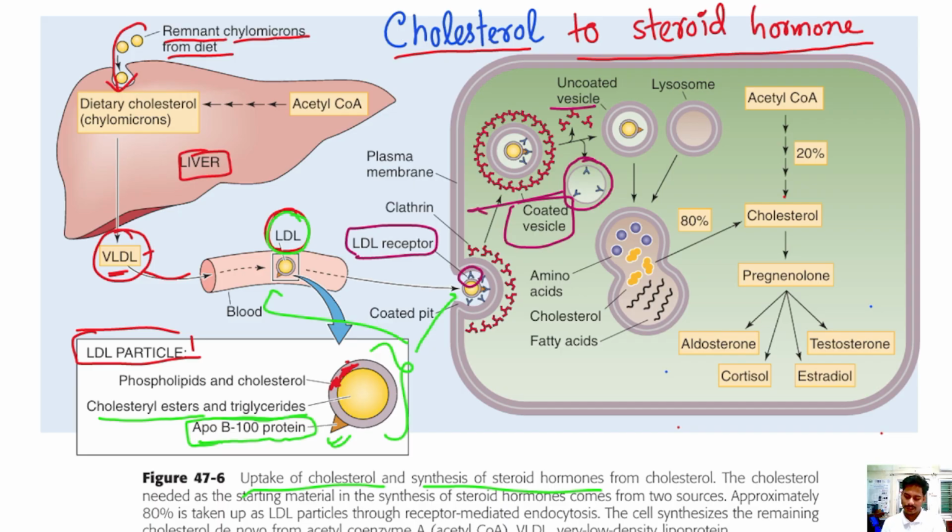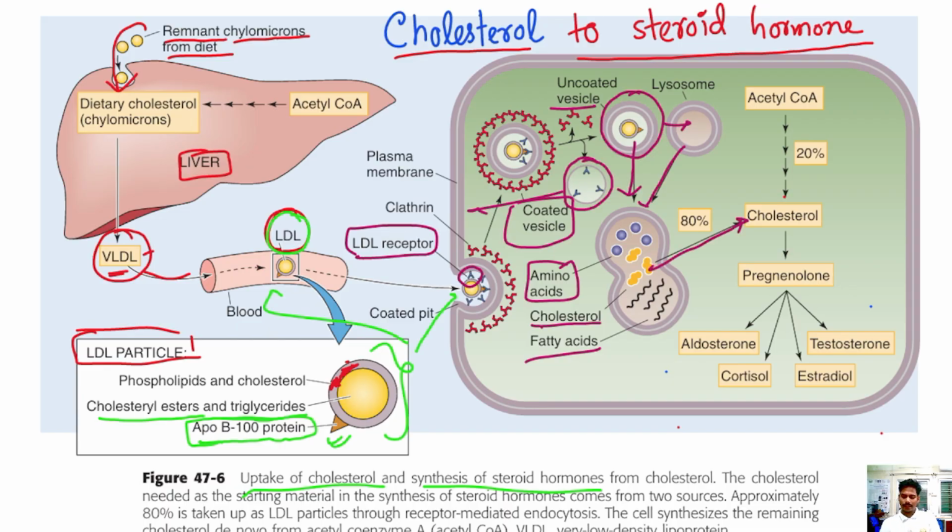But our interest is the LDL particle. The uncoated vesicle with the LDL particle goes to the lysosome and they fuse. The lysosome degrades the LDL, releasing amino acids, cholesterol and fatty acids.